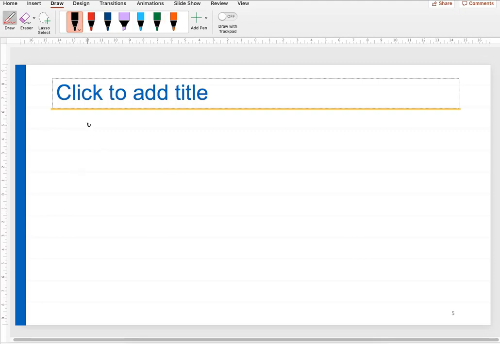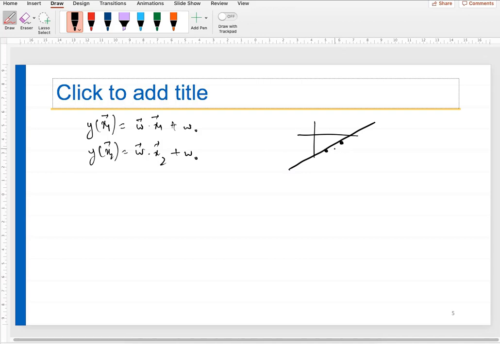Let us say I have y of x1 vector equal to w vector dot x1 vector plus w naught, and y of x2 vector equal to w vector dot x2 vector plus w naught. Let us say this was my line, and both of these points lie on the line. Then both of these are equal to 0, right?